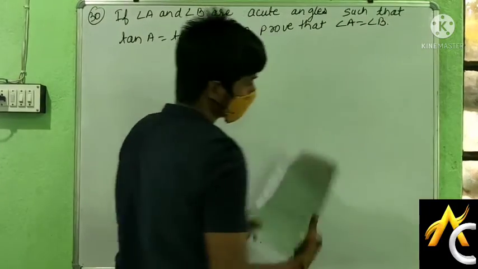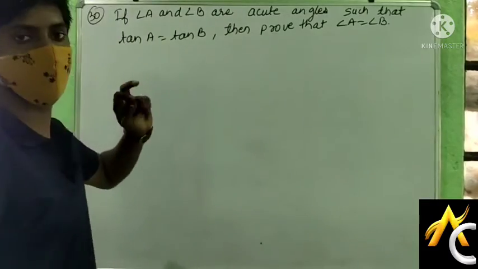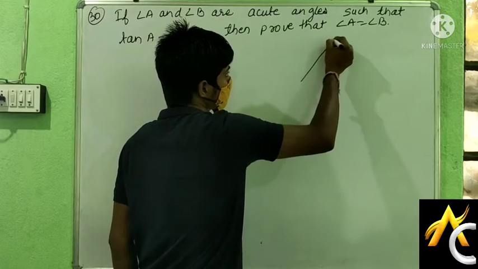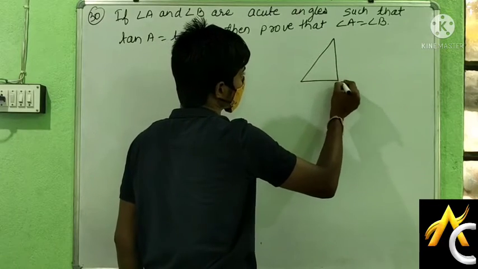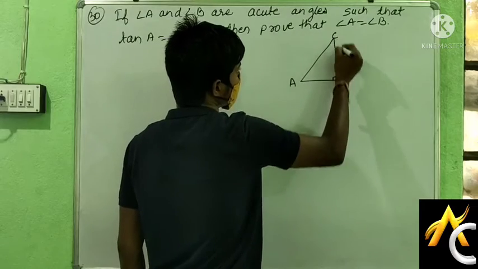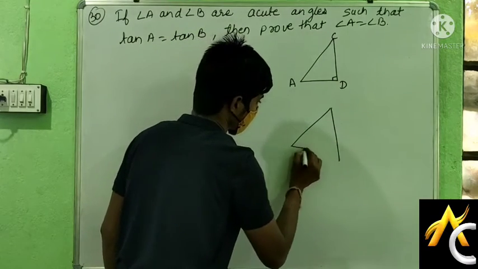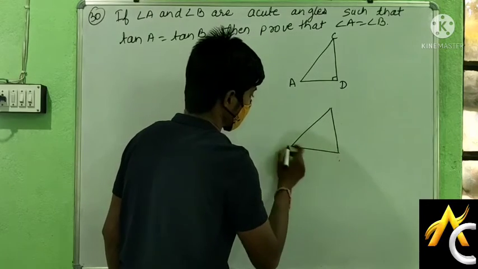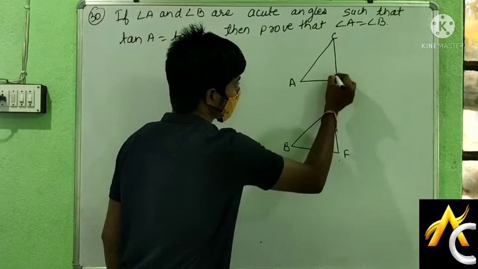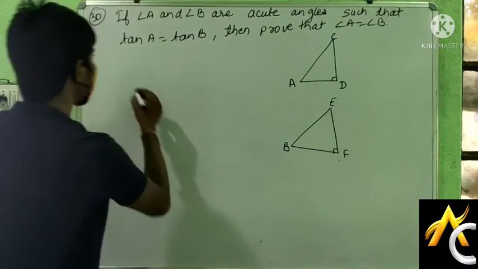Okay. So let us consider two right angle triangles. First one is ACD, second one is BEF, where angle D is 90 degrees and angle F is 90 degrees.